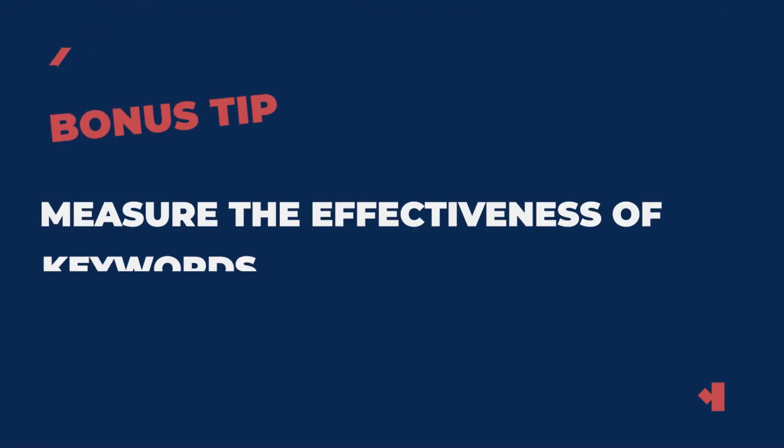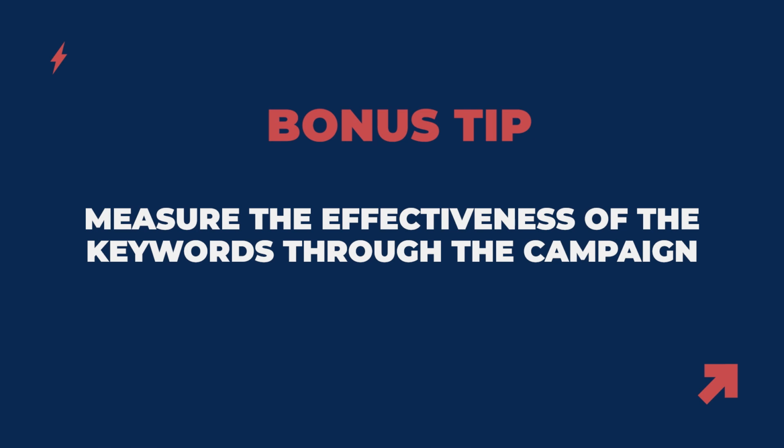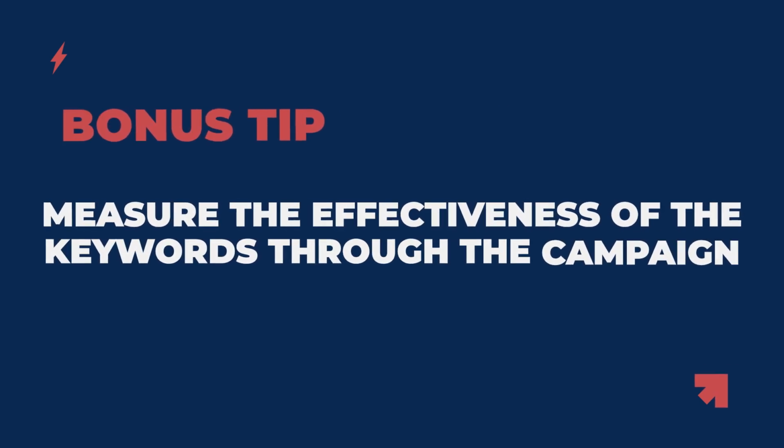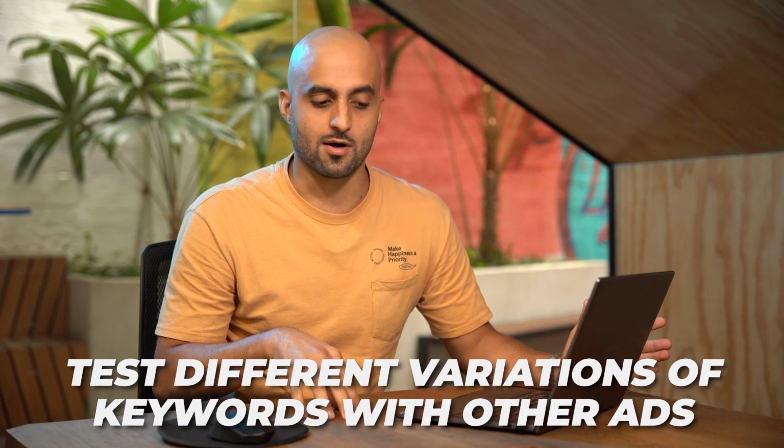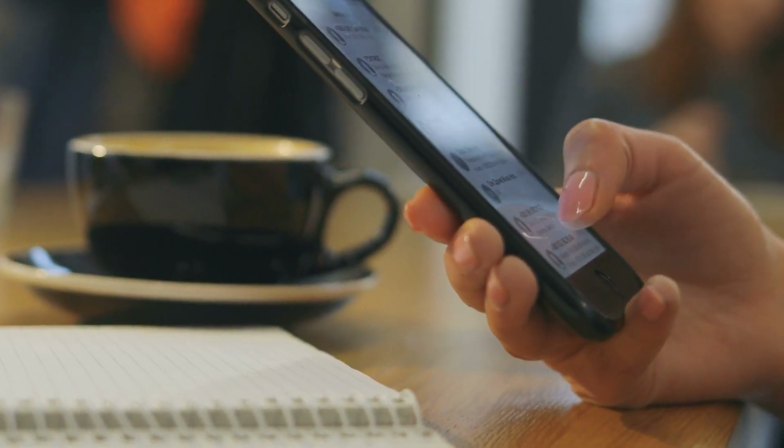And then last but not least, a bonus tip: you want to be able to measure the effectiveness of the keywords through the campaign. What you can do is test different variations of these keywords with other ads, right? So if you have a fresh set of ads, remember, people are searching on a monthly basis, okay?